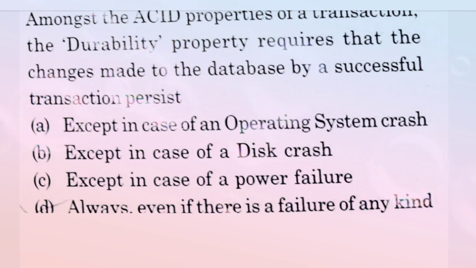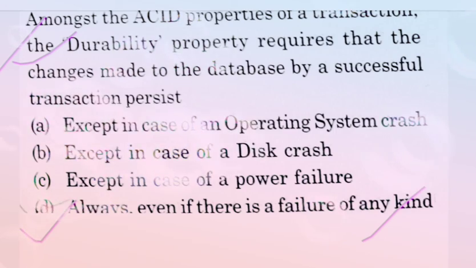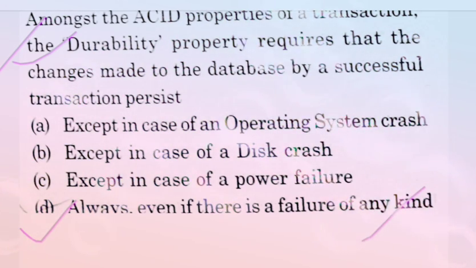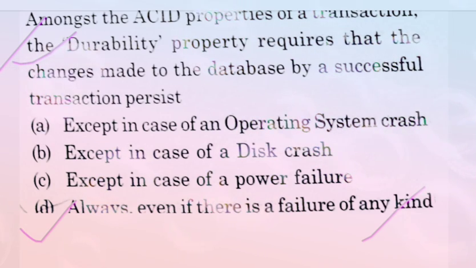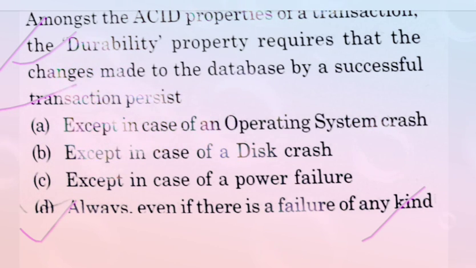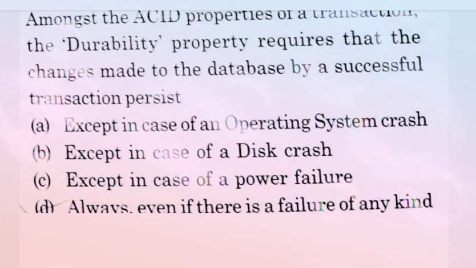It is very simple, because durability is the fourth property of the database. A successful transaction persists always, even if there is a failure of any kind. So option D is the correct answer.